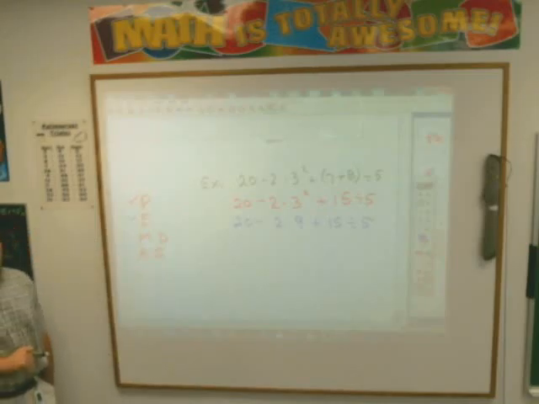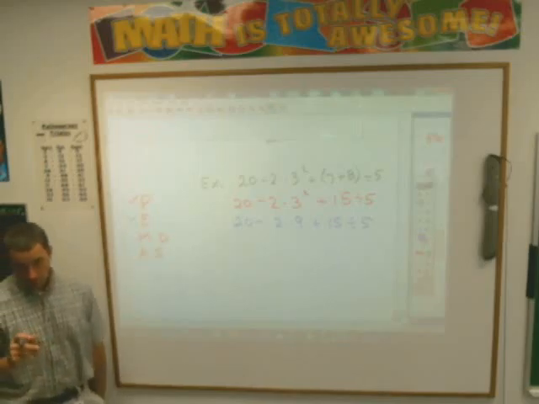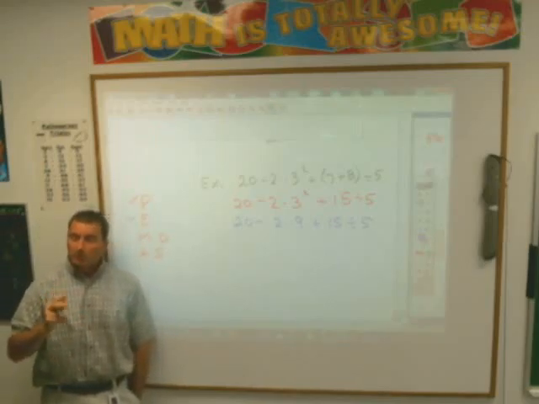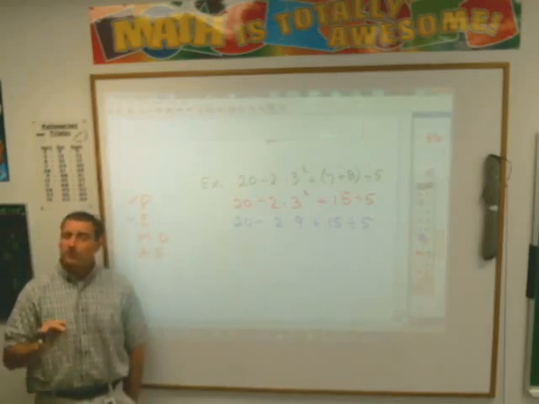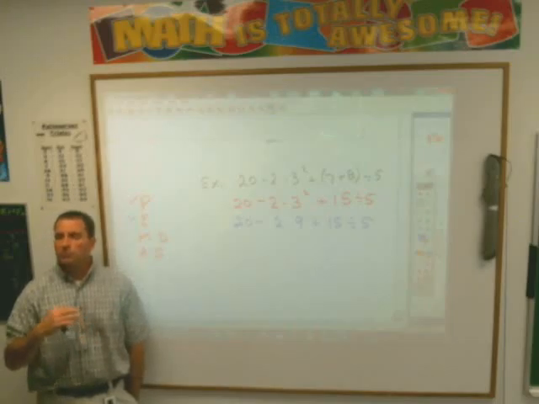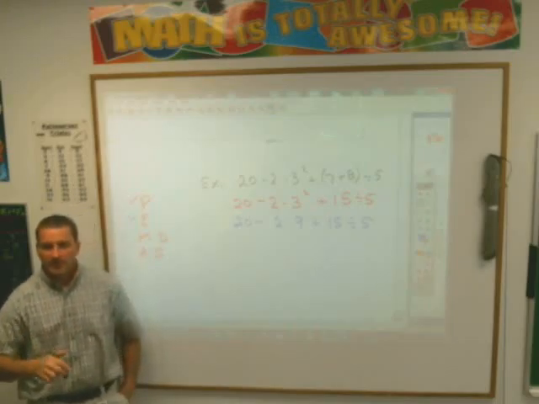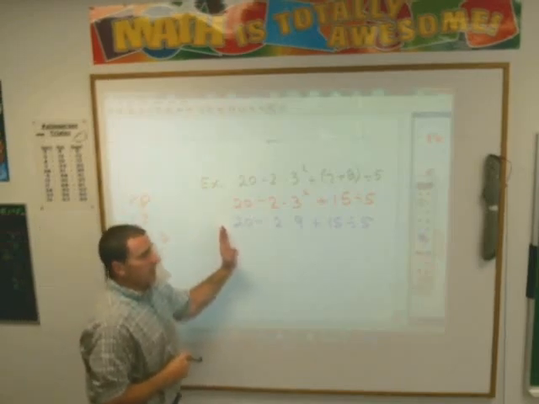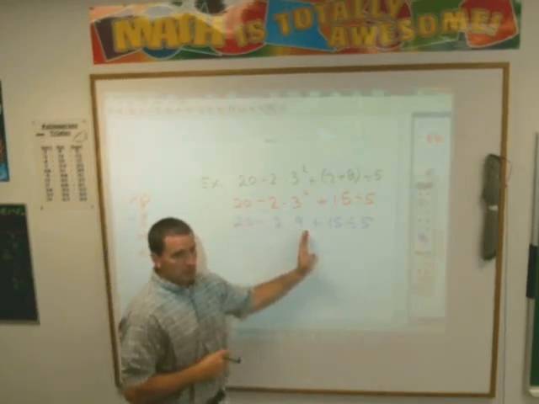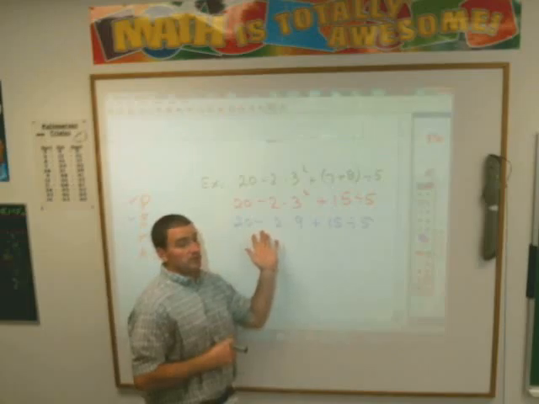Now, the next thing you're supposed to do is multiplication and division, children. Now listen to me carefully. Multiplication and division fall on the same level. You don't do multiplication before division, you don't do division before multiplication, you do them from left to right. So you just need to start going this way, and when you come to a multiplication and division thing, you do that first.